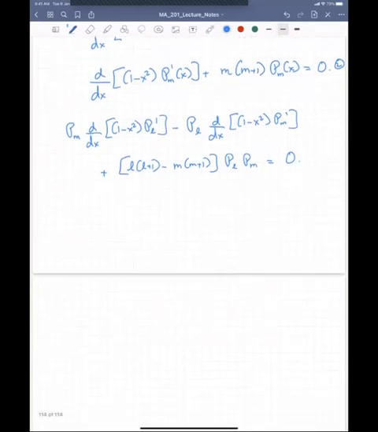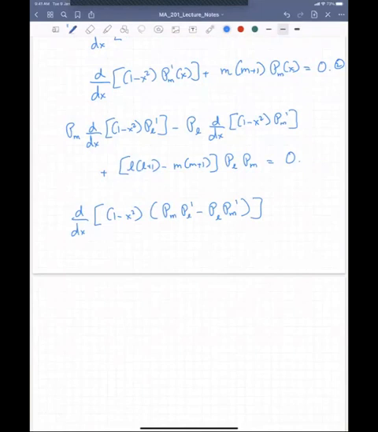Now it turns out that the first row can be written in a very easy form: d/dx of (1 minus x squared) times (Pm PL prime minus PL Pm prime). I will leave this as a check for you. Plus [L(L plus 1) minus m(m plus 1)] Pm PL.